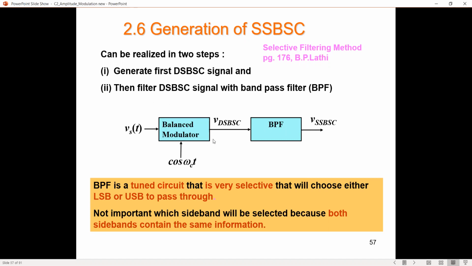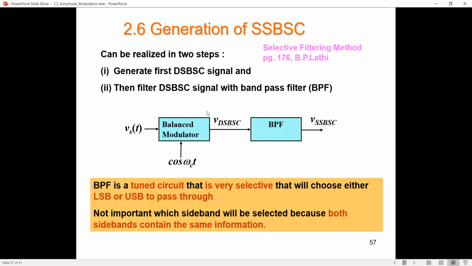The earlier part here is for generation of double sideband suppressed carrier, and then we send this signal to a band pass filter. The single sideband filter will then produce the single sideband suppressed carrier signal.